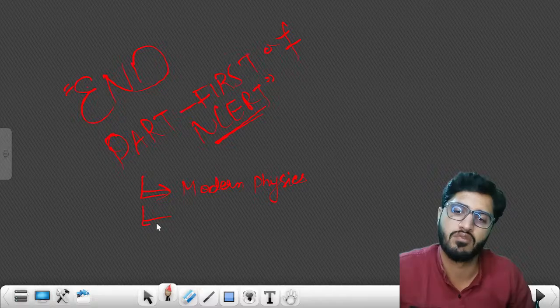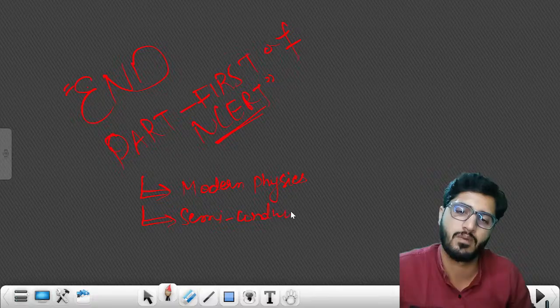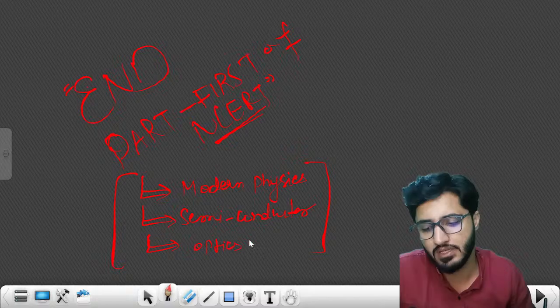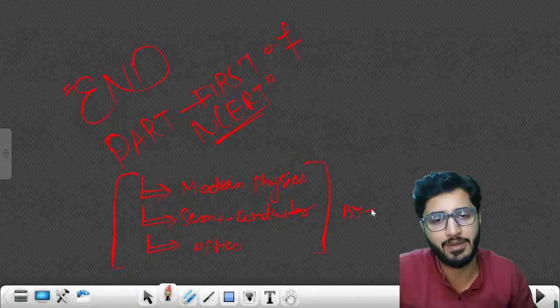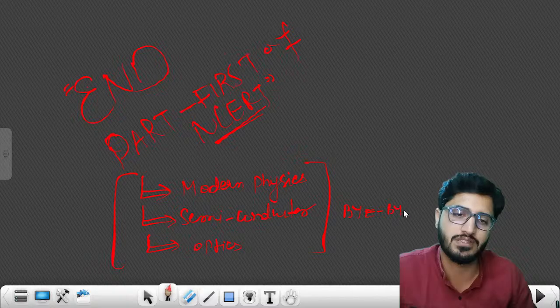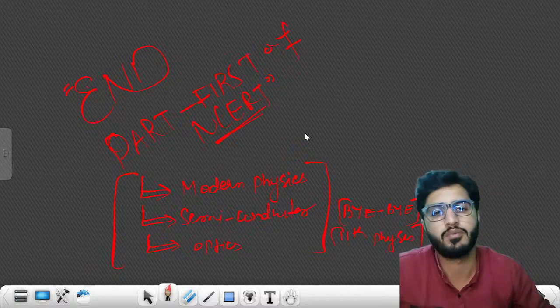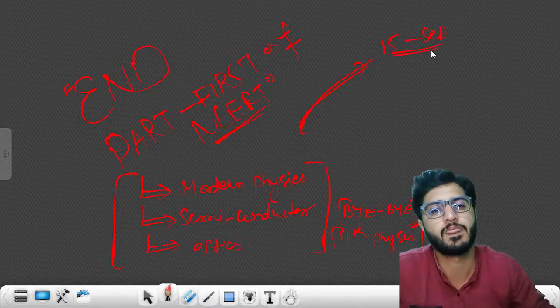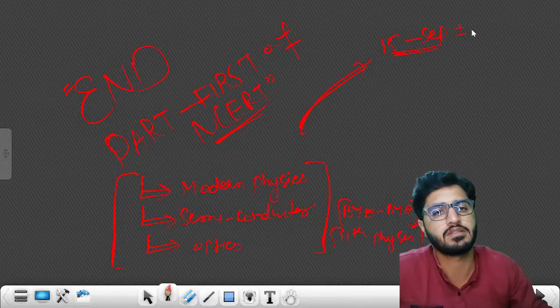Then we'll be starting semiconductor. Then the third one is optics. So only these three chapters are pending now: modern physics, semiconductor, and optics. Then we will be saying bye bye to our syllabus. Then we will start our 11th physics. My target is up to 15th of September, plus minus 5 days.